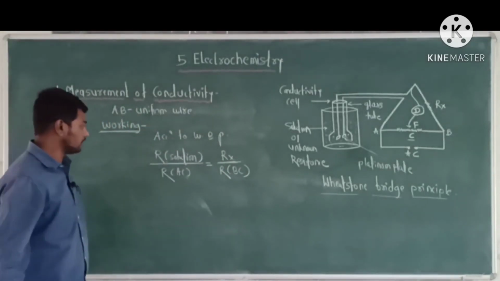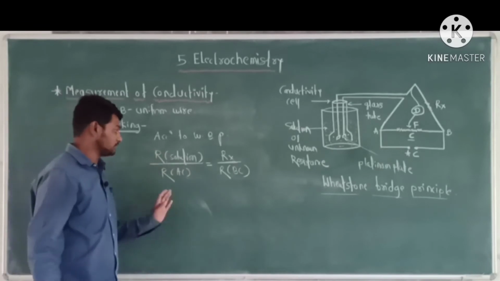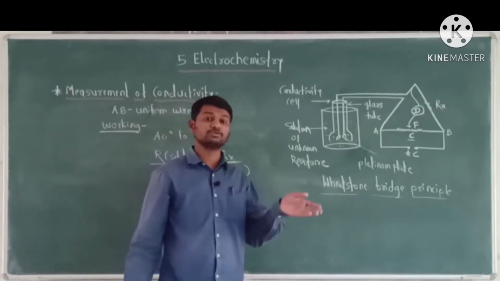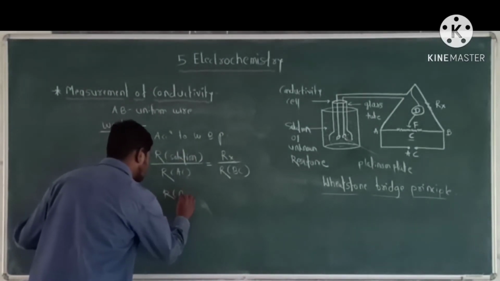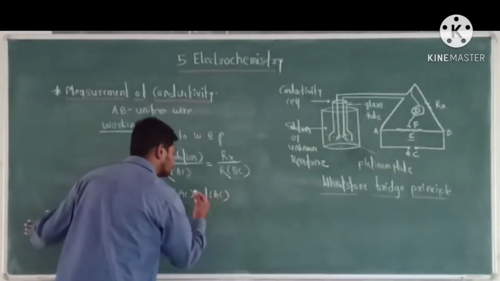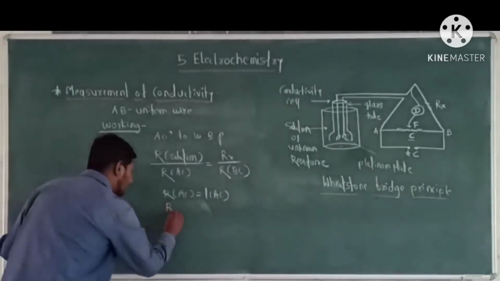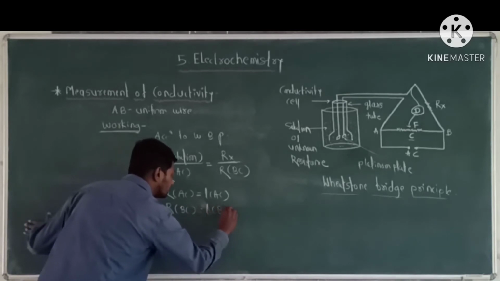The resistance of the conductor is proportional to its length. Therefore, RAC is equal to length AC. Similarly, RBC is equal to length BC.